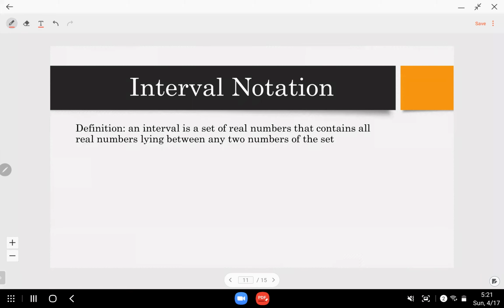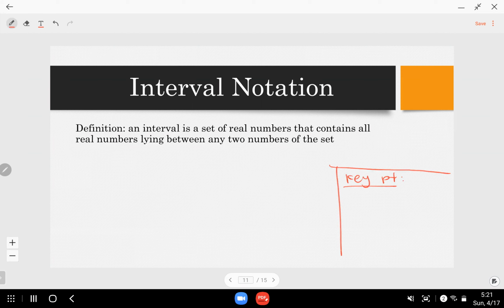All right. So here's another key point that you want to note when you have the interval notation: the different types of parentheses you have to specify.